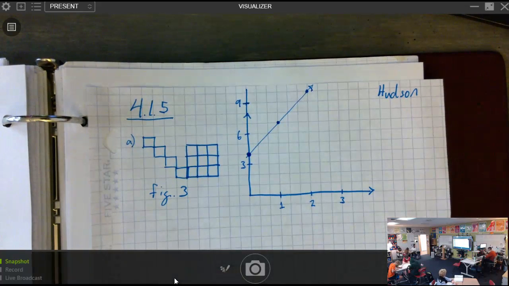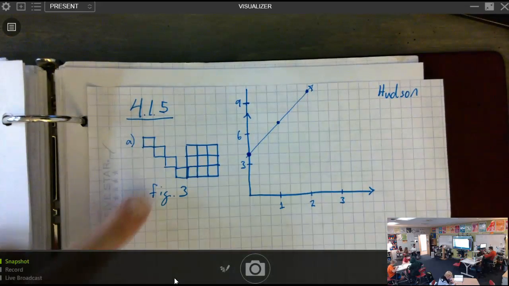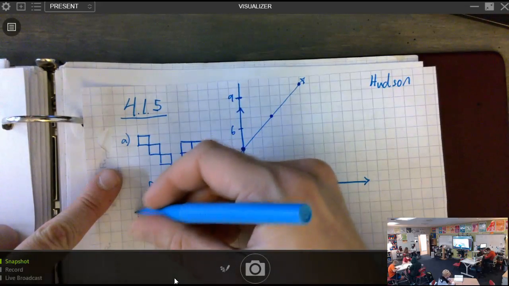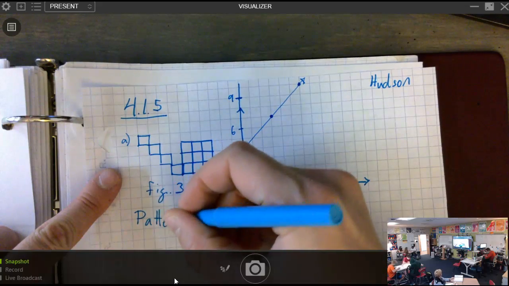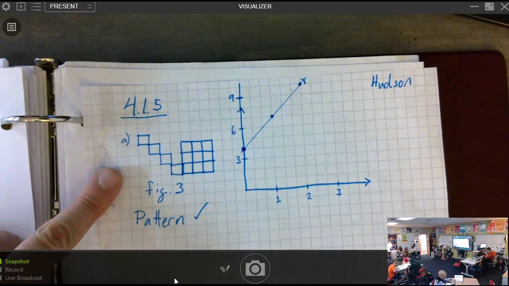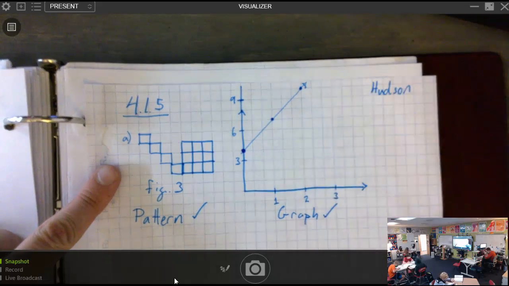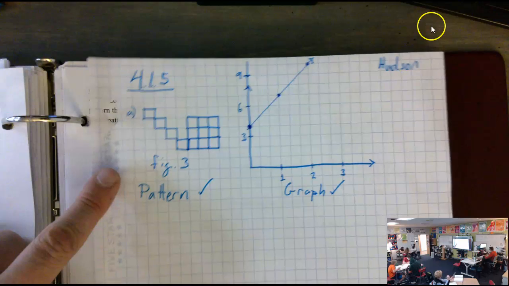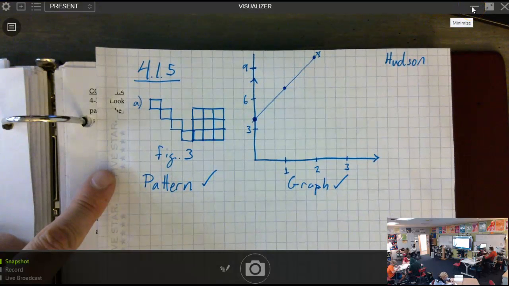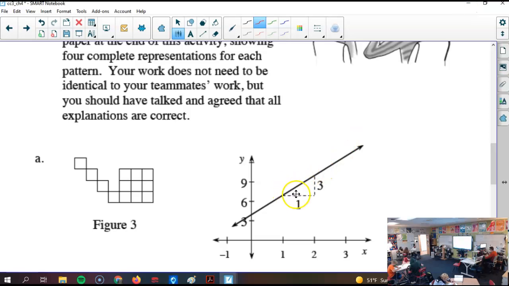How many representations do I already have done for me? 2. I've got the pattern. Check. I've got the graph. Check. Wait, what does it go up by on the next one? Oh, I can put it on. So right here, this is why you have a book.